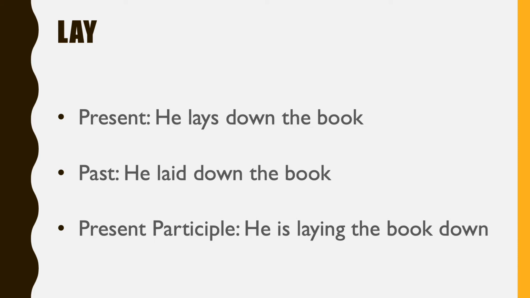And then we have what's called the present participle. This is the action, if you will. He is laying the book down. And you can see that it has a helping verb, the is, that's used in that sentence.